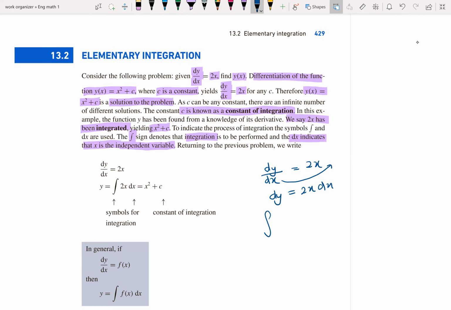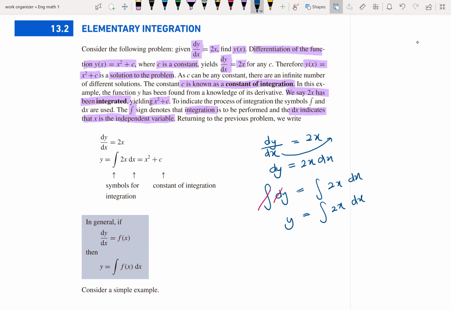Then we apply the sign of integration on the left and right-hand sides. The integral sign cancels with d, so what is left is y equal to the integral of 2x dx. From the integration, we get y equal to x squared plus c. Don't forget the constant of integration.